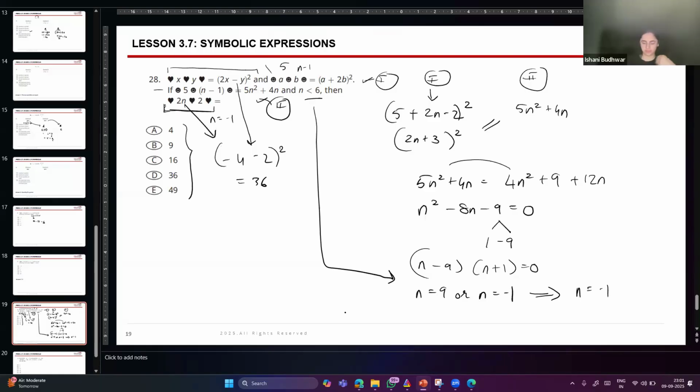So well tried. I think you just went wrong in that factorization. And also we use this.